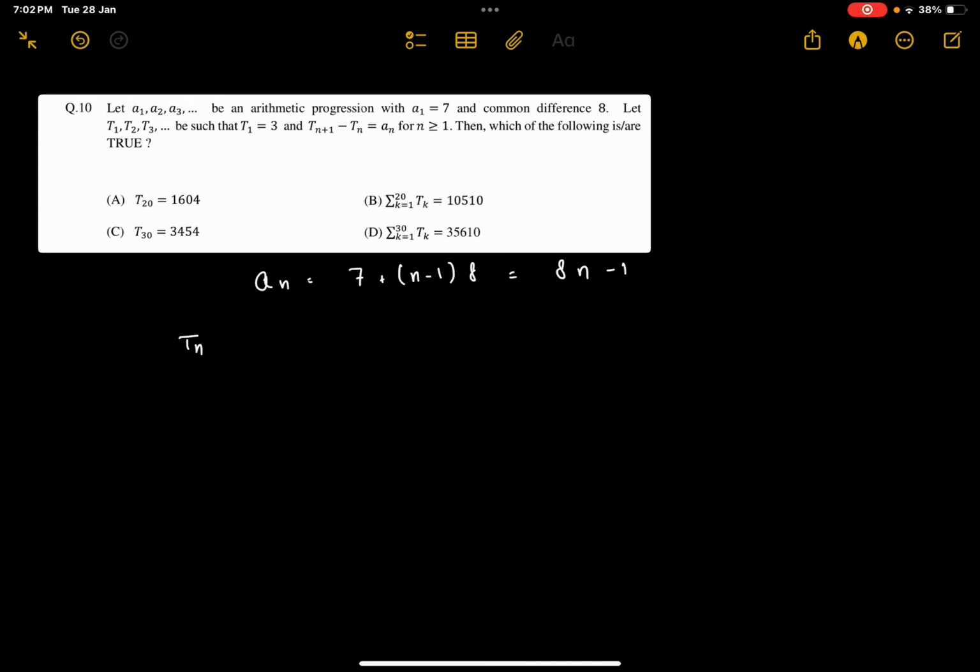We are given that tn plus 1 equals tn plus an, which will ultimately give us tn plus 1 equals the sum over k equals 2 to n of tk.